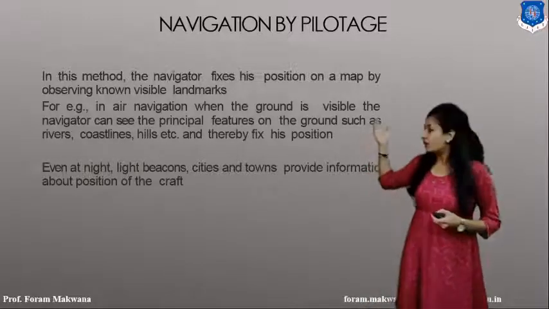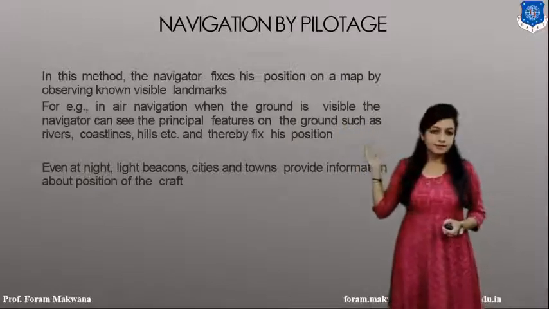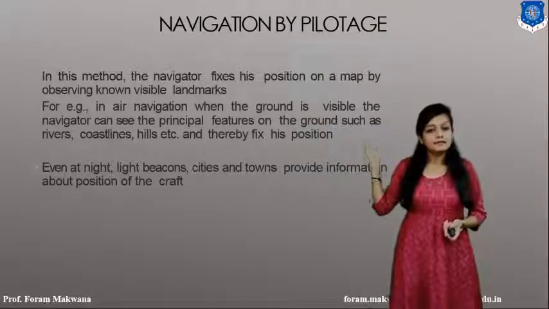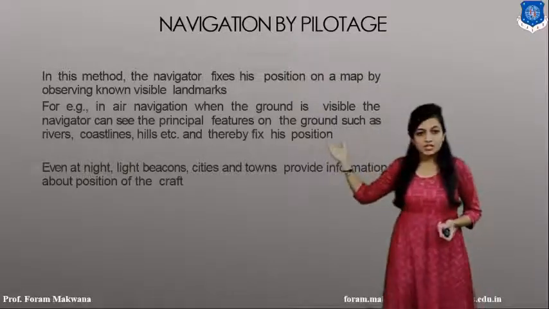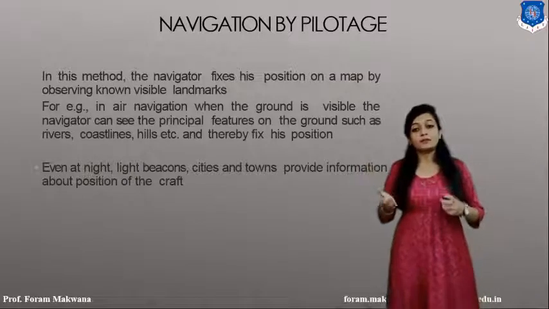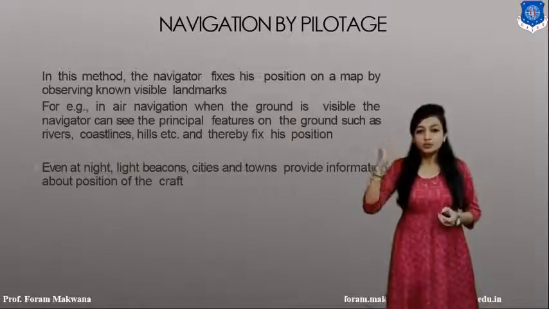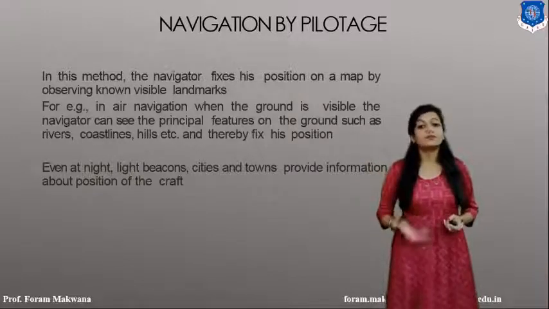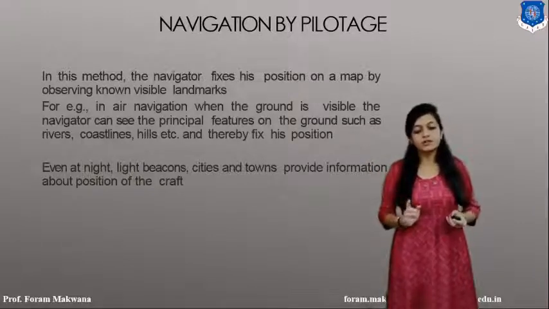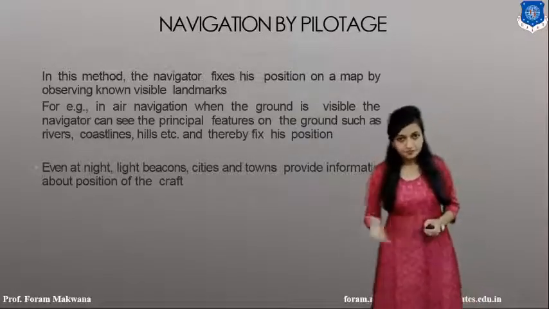With the help of observation of visible landmarks, like in air navigation when the ground is visible. From that we are able to identify how far or at which altitude my aircraft is from the ground. Altitude stands for the height from the surface of the earth.